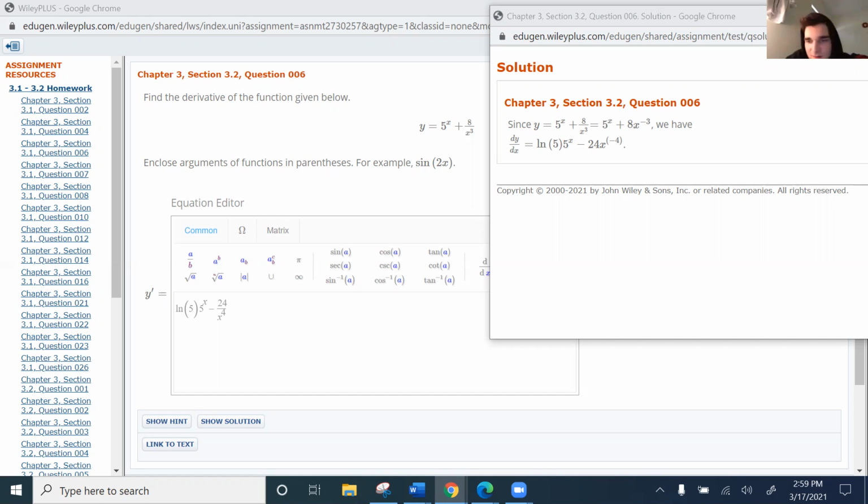Oh wait, how did that? Probably need a calculator. Yeah, I'm trying to. So I got the first part. If you turn your phone sideways, can you get E? Yeah, there is E if you turn your phone sideways. Oh, I'm using my calculator now. Yeah, you should definitely be doing that.